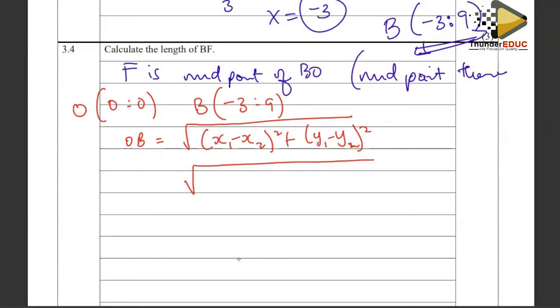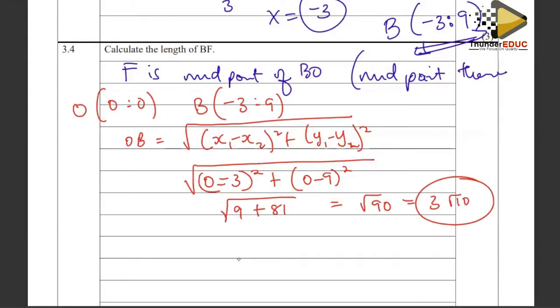Let's do the substitution: 0 minus negative 3, squared, plus 0 minus 9, squared. That's going to give me 9 plus 81, which is the square root of 90, and that gives me 3 square root of 10.